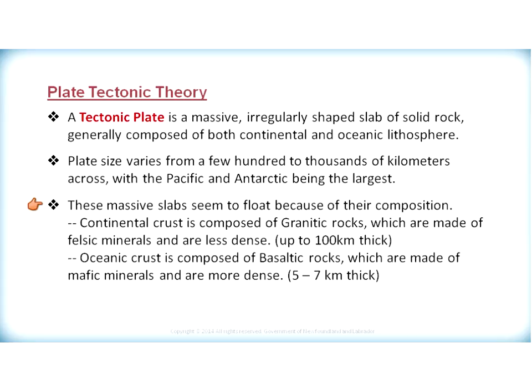Continental crust is composed of a granitic rock, which is made up of felsic minerals, and these minerals are less dense. Therefore, continental plates have a lower density than the rest of the rocks that make up the lithosphere. Oceanic crust is composed of basaltic rocks, which are made up of mafic minerals, and these minerals are more dense.